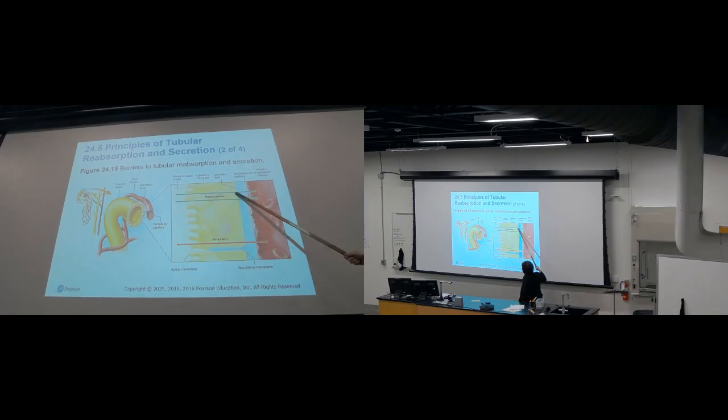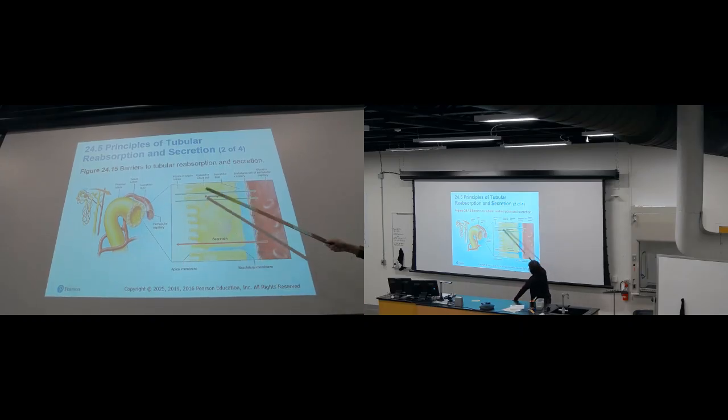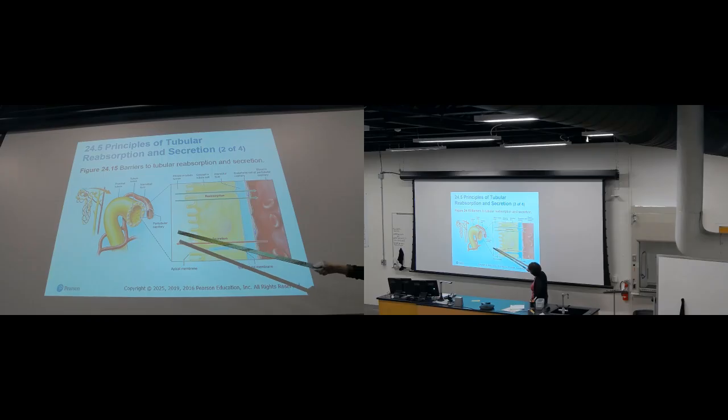This one, which is the paracellular, so in between the cells, or the transcellular, which is crossing these cells. And then when substances come from the lumen of the tubule, no matter if it's paracellular or transcellular, when it goes into your capillaries, this is reabsorption. And when the substances go from the blood into the cells and then into the lumen, this is secretion.